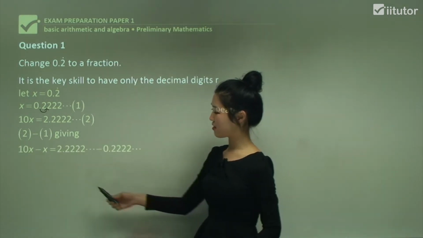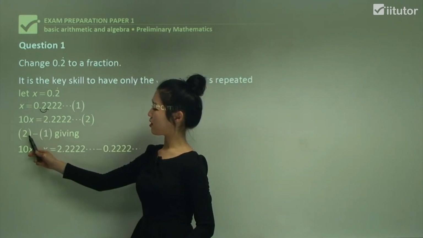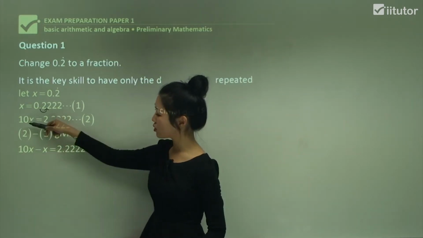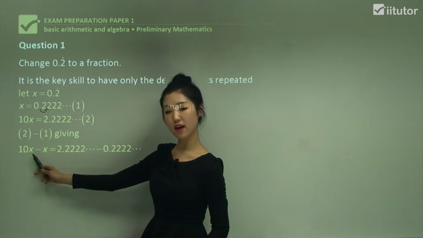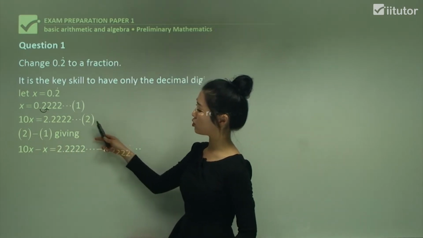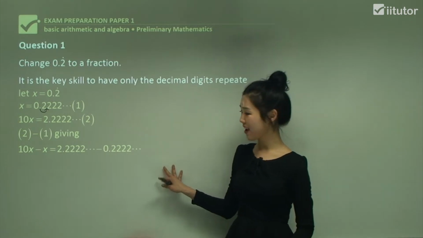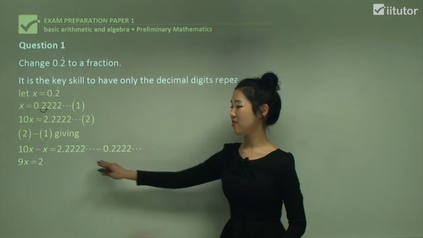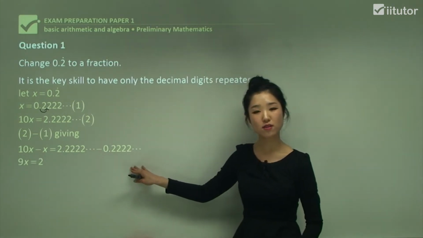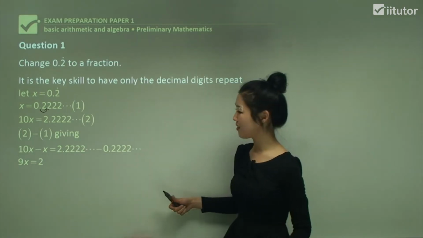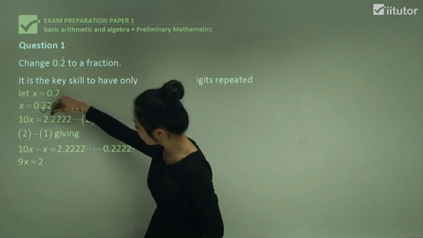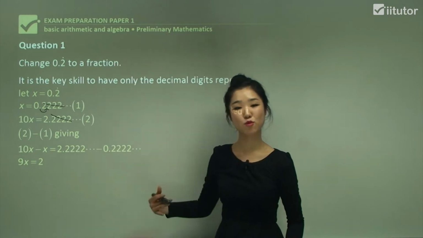So equation 2 minus equation 1, so 10x minus x on this side, and 2.2222 minus 0.2222 on the right side. As I said, the 2's after the decimal point will eliminate, because they're subtracted away.